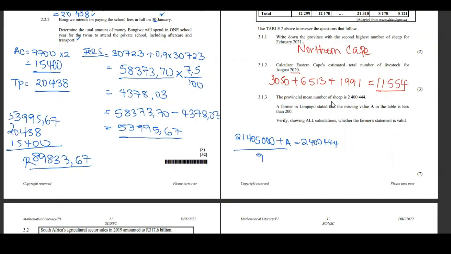For you to remove the 9, you need to multiply by 9 on both sides. This 9 will go with that. You multiply, and here we have this much plus the A equals 2. You multiply that, you get this much. And because you're looking for A, this has to come to the other side, so it means you're going to subtract.